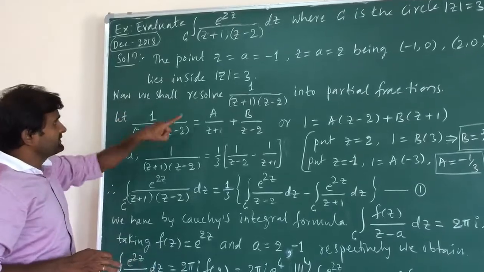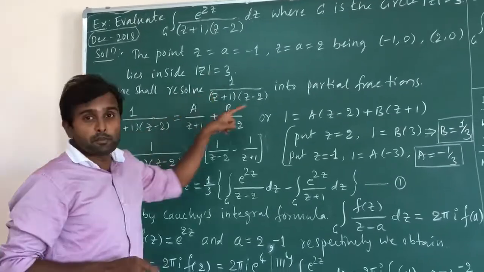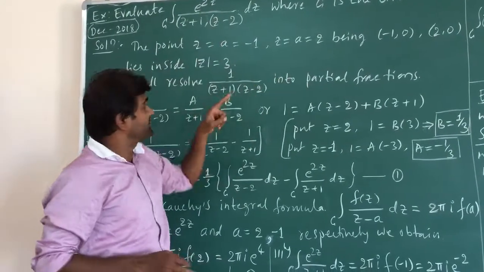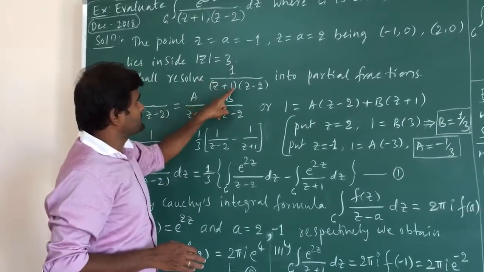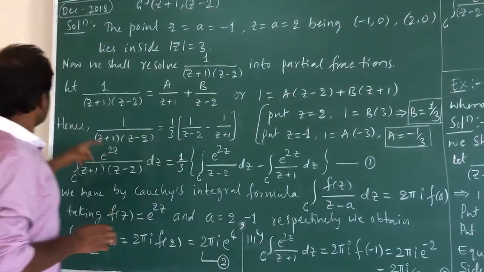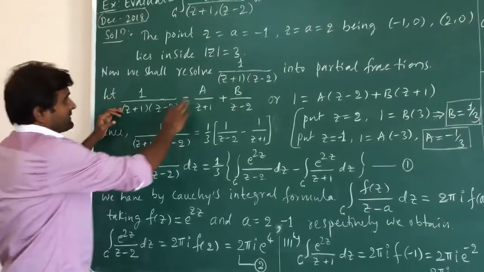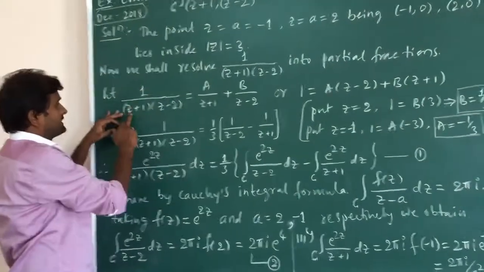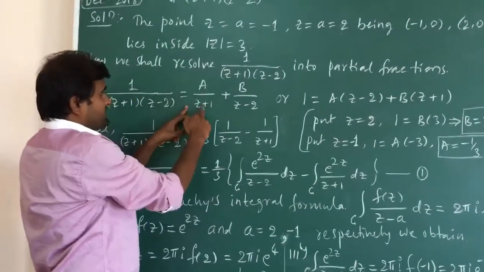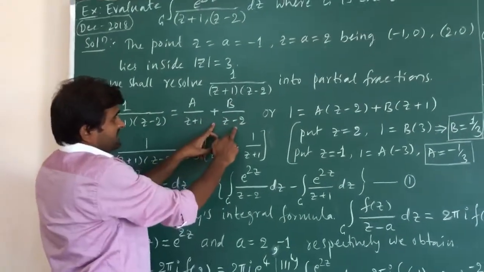Now we resolve using partial fractions. 1 divided by (z plus 1) into (z minus 2) equals a by z plus 1 plus b by z minus 2.